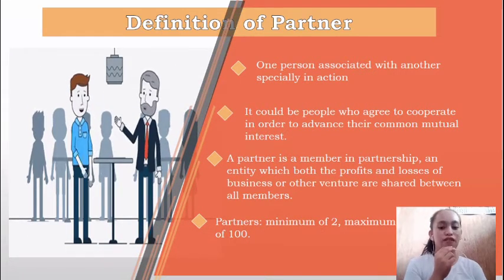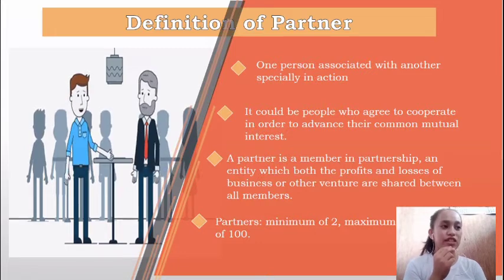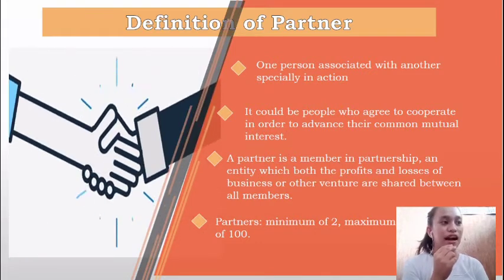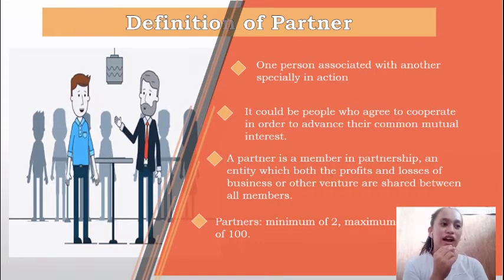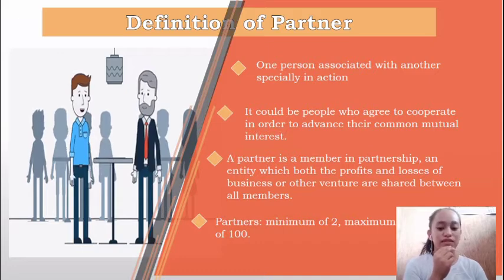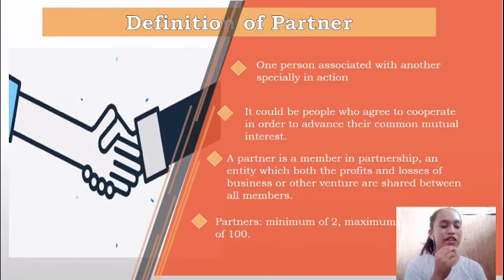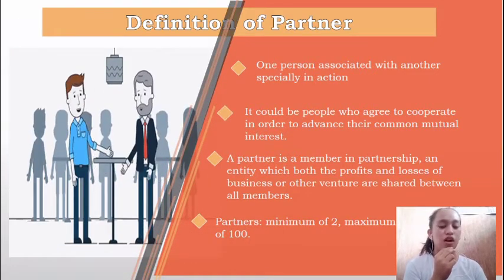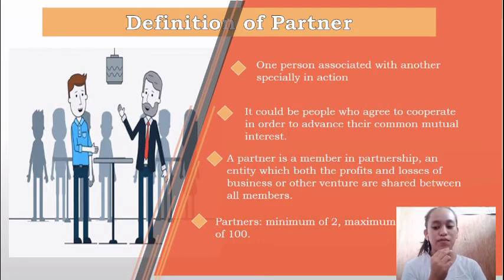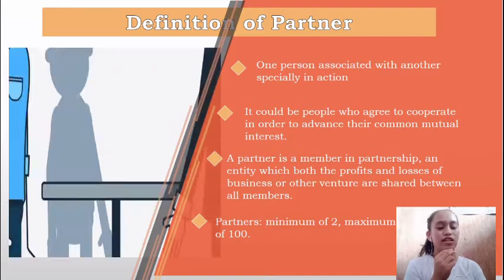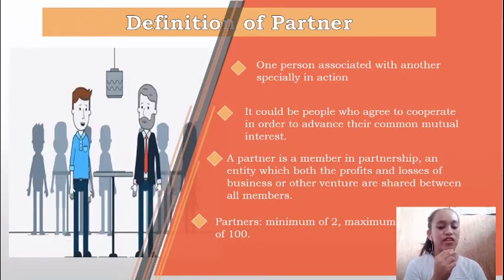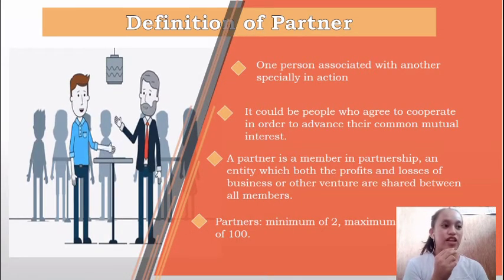The next definition is that a partner is a member in a partnership, an entity in which both the profits and losses of a business or other venture are shared between all members. This means that once a partner contributes money, when the entity earns and makes a profit, it will be disseminated to all members depending on the capital they share in the entity.